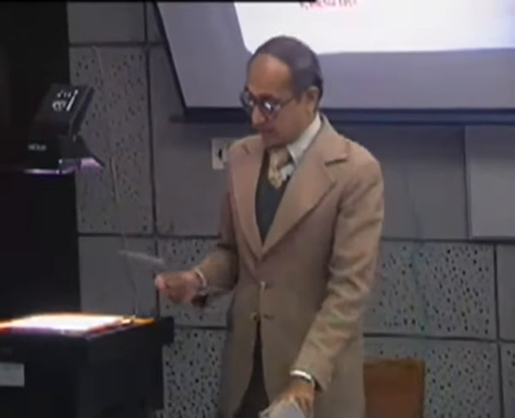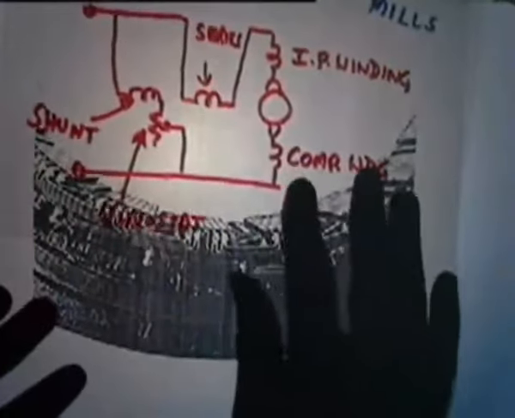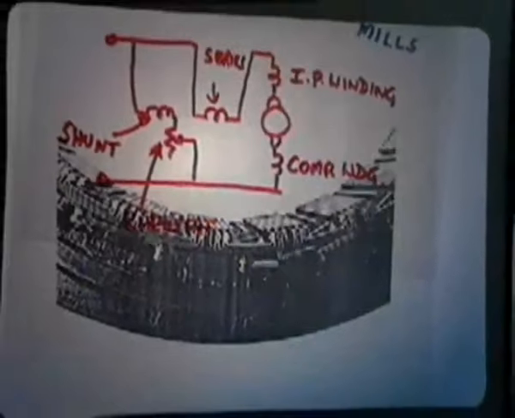So we have been able to get the total picture of armature reaction. This is another better picture of the compensating windings and the interpole windings, and this is how they are connected.